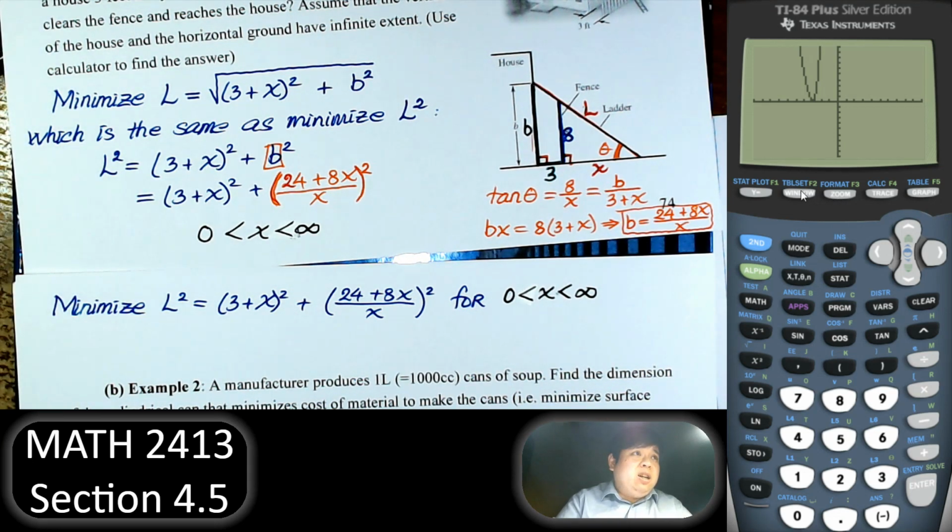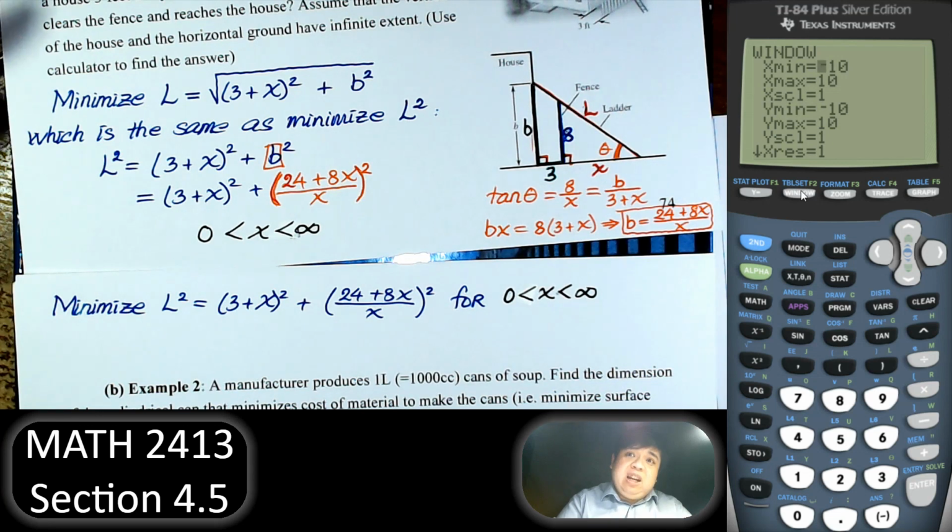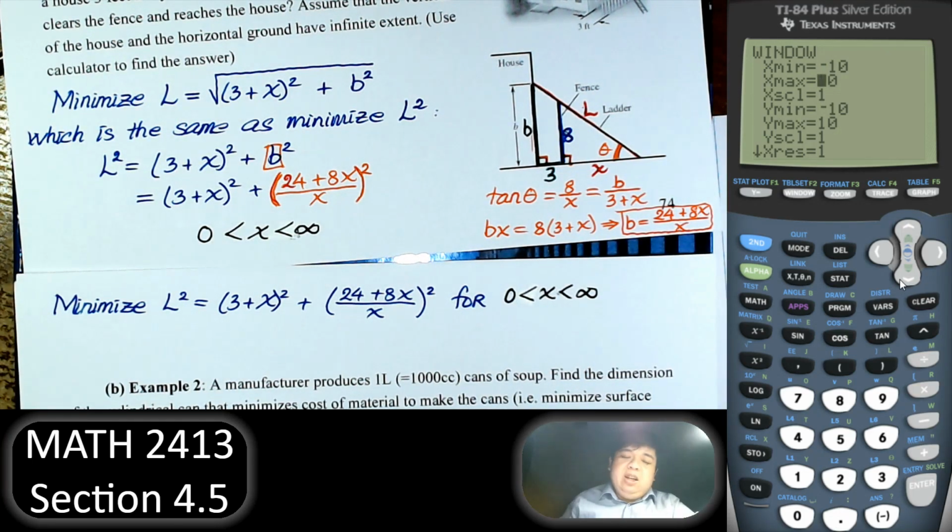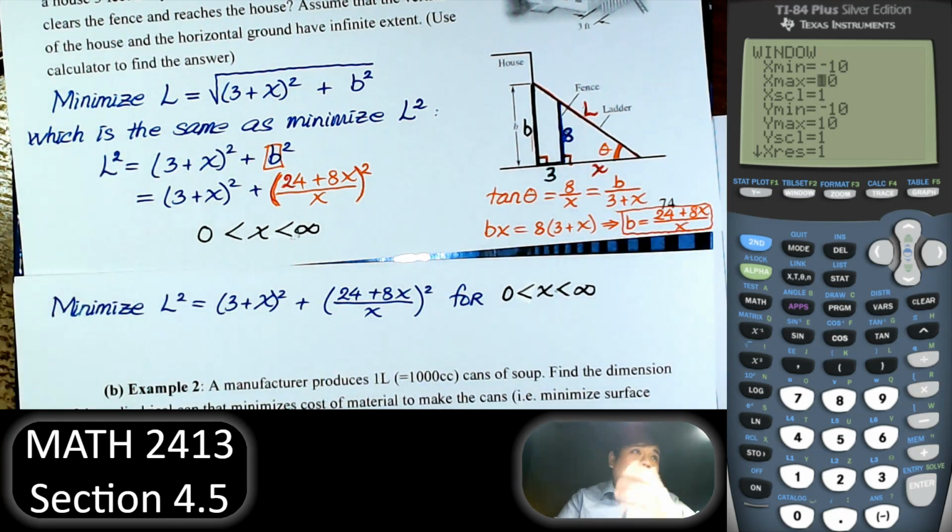But let's say reasonably x cannot be negative, so let's say we go from -10 to 100. Reasonably, let's say x could be from 0 to 100, because in real life, let's make it reasonable, right?